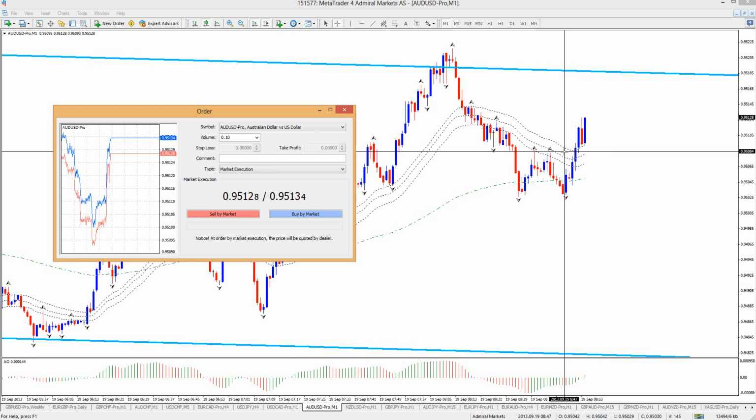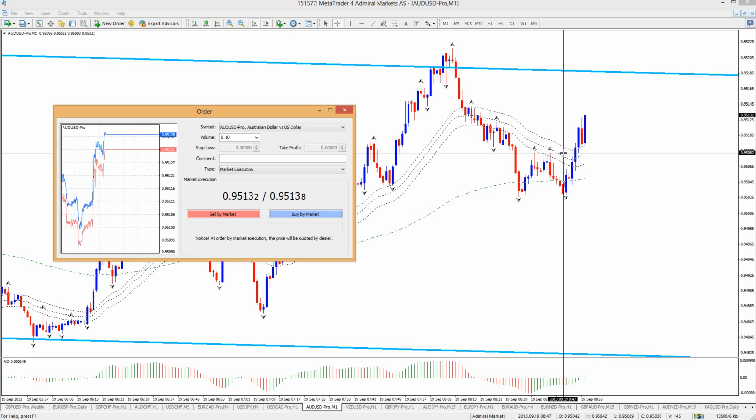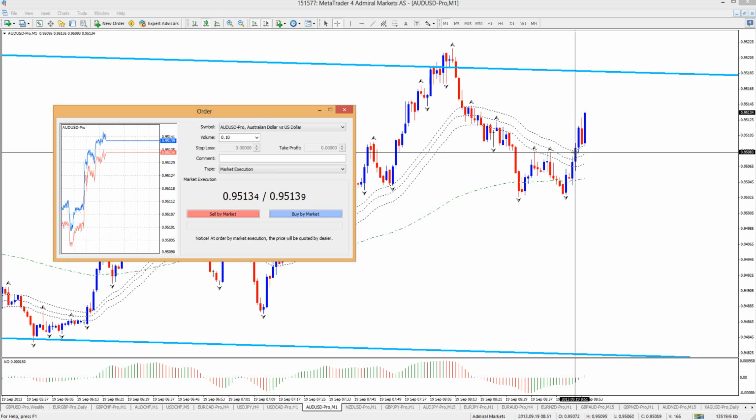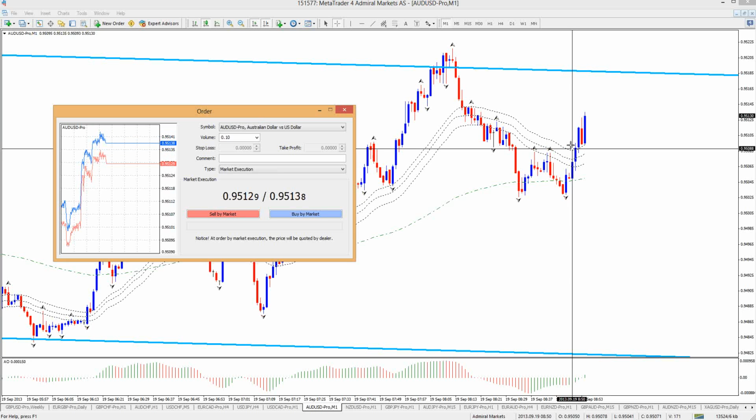I just wanted to take a buy. Just pulled up this order sheet to take a buy off the retrace here. The only thing I wanted to do, you see I'm sometimes too slow for a 1 minute chart, was calculate where I would have entered to see what the difference was.